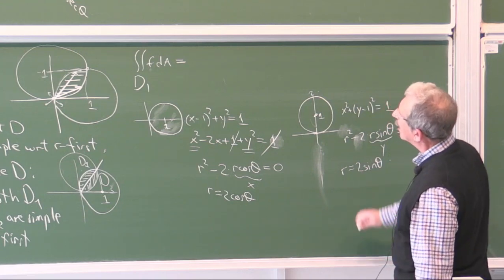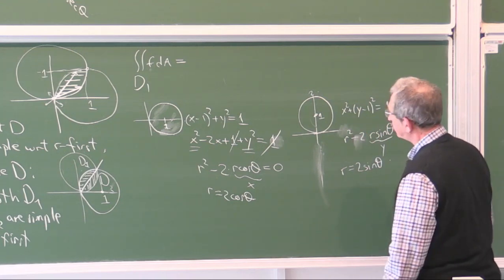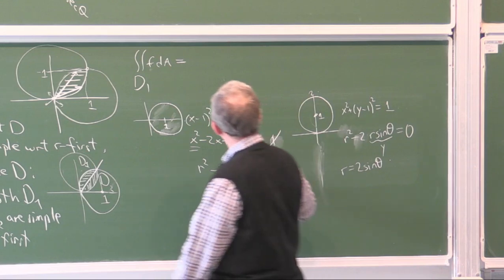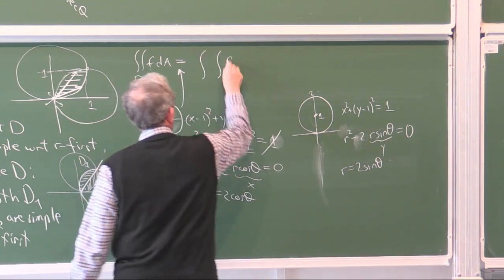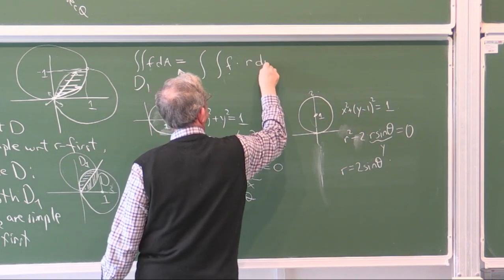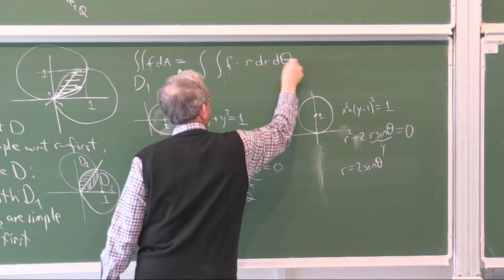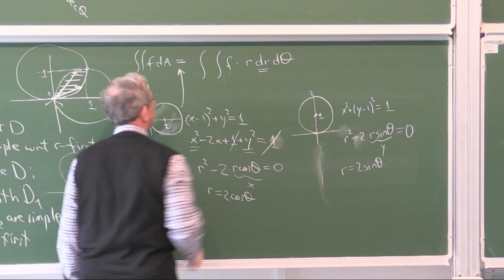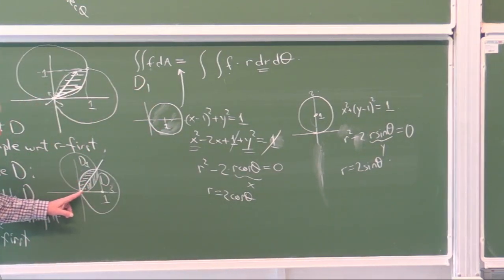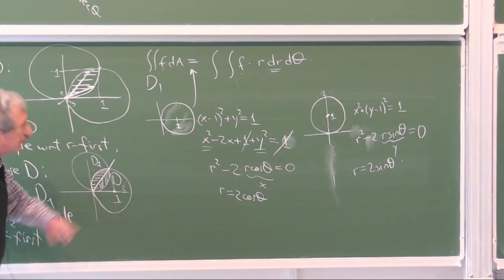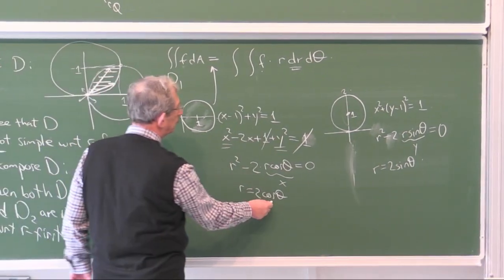Now, with this information, we can go back and write down our iterated integral in polars with respect to r first. Now, in D1, r changed from 0 up to the lower circle, which was 2 cosine theta.